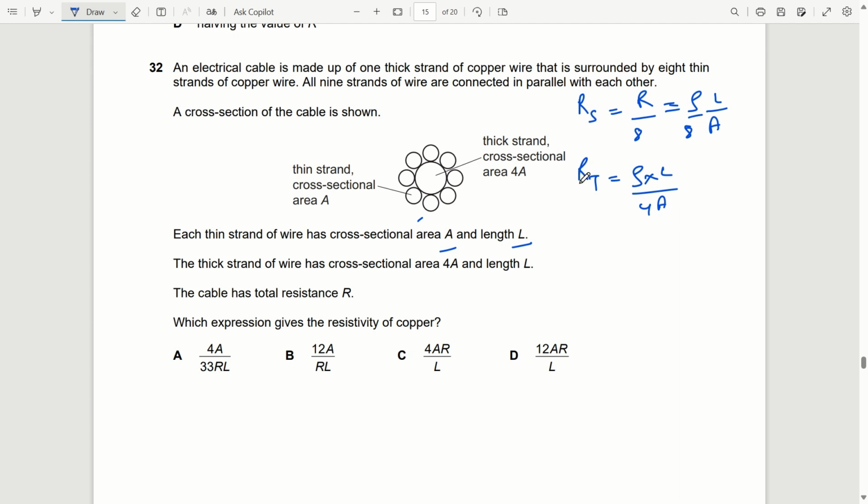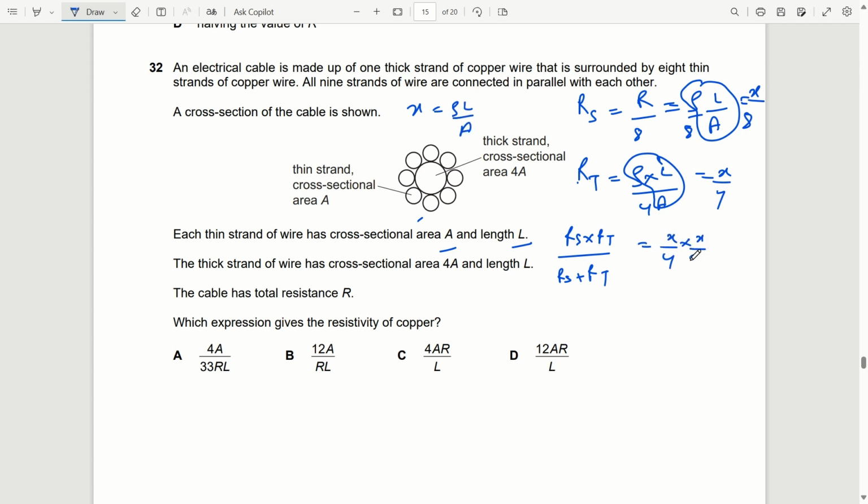Now these are also connected in parallel, so net resistance will be Rs into Rt divided by Rs plus Rt. You can directly solve, or let us assume this as X, where X is equal to rho L by A. So the thin strands will come out to be X by 8 and the thick strand will come out to be X by 4. So this will come out to be X by 4 into X by 8 divided by X by 4 plus X by 8.